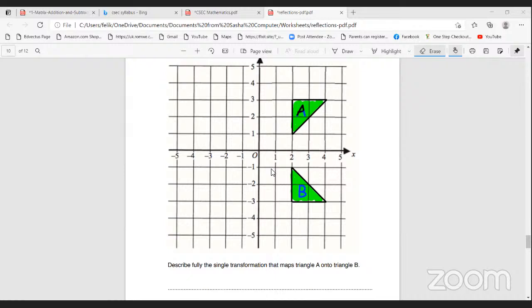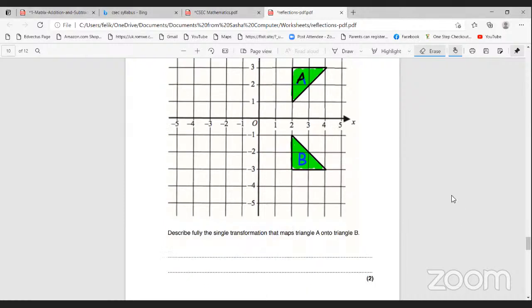So okay, let me scroll so you can write it on. So tell me what is it that you're looking at. When they talk about describe the transformation, first thing that they're asking is: is it a translation, a reflection, a rotation? So you're gonna say this transformation is a what it is.